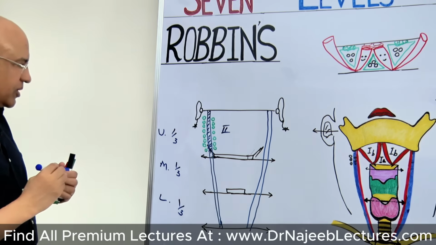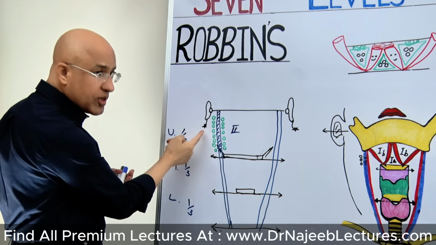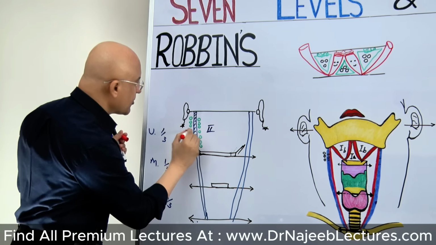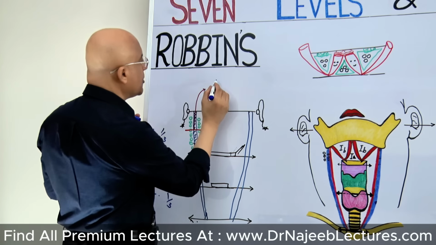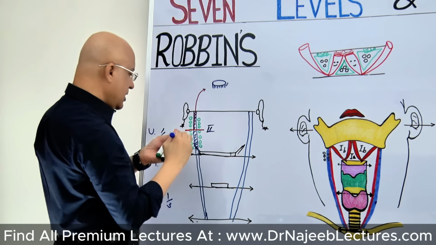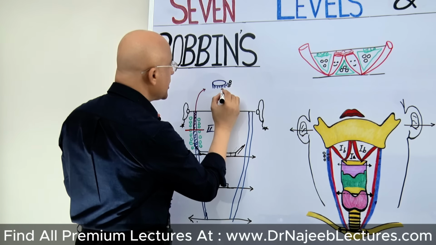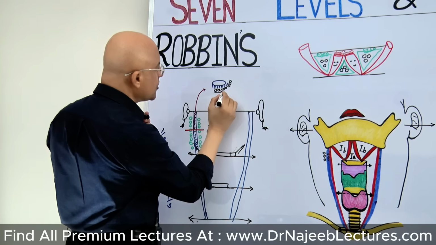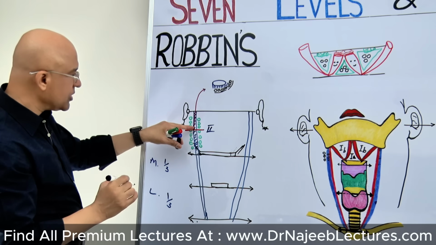Now there is something very interesting. If I make a cross section here and draw that cross section over here, with this as the internal jugular vein, these are anteromedial nodes, because some of these nodes are anterior and some are medial.